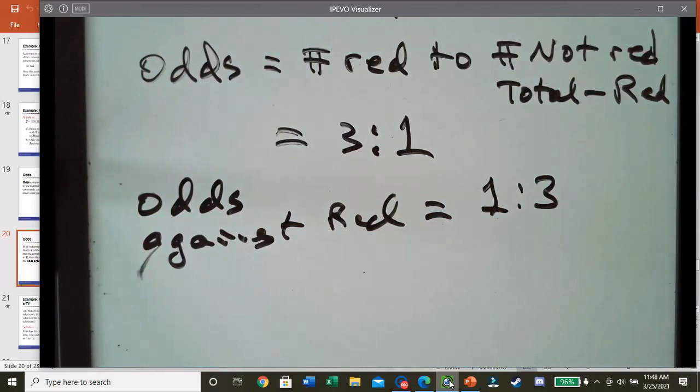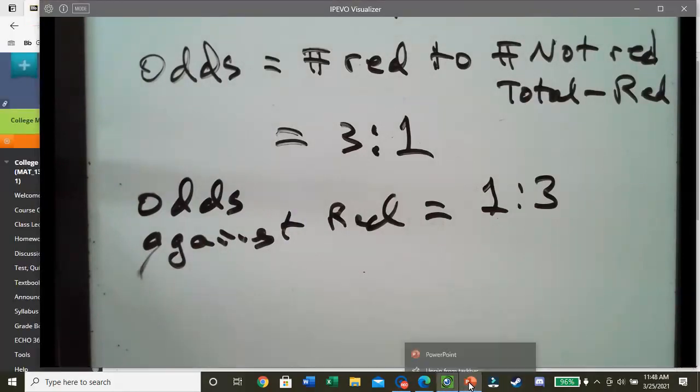Okay? So that's the easiest way to find odds against, is to find odds in favor and then just flip the numbers. Okay? All right, questions with that? All right.